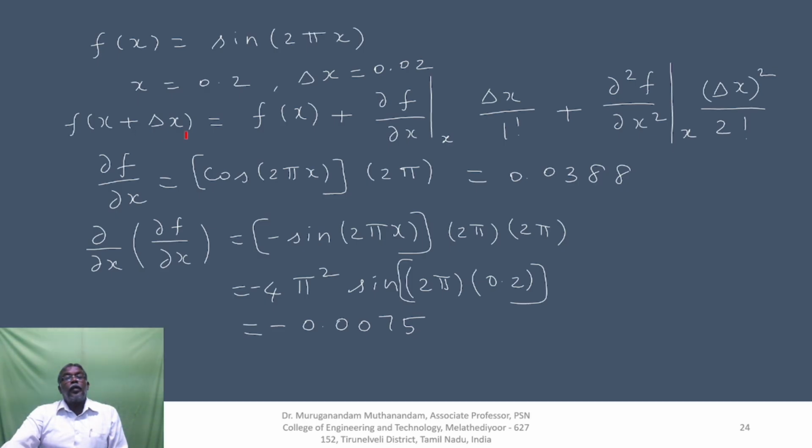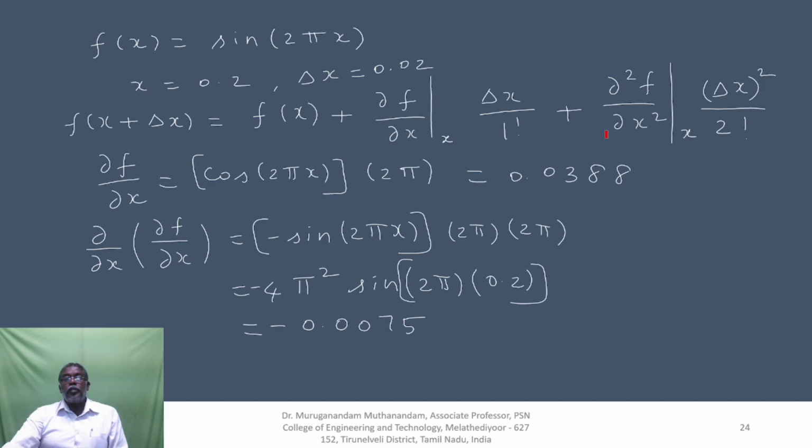f of x plus delta x is equal to f of x plus partial f upon partial x delta x plus partial square f upon partial x square at x, delta x square upon 2 factorial. We obtain the value of partial f upon partial x, 0.0388, and partial square f upon partial x square, 0.0075 minus 0.0075.